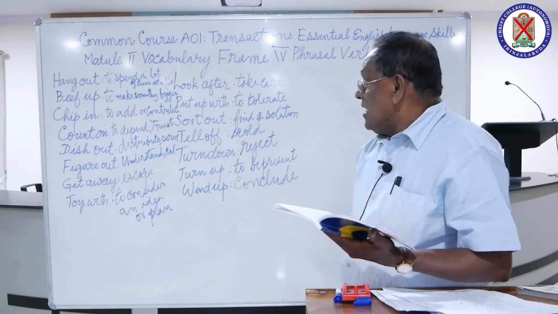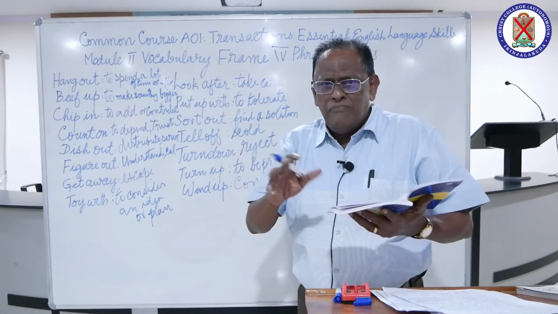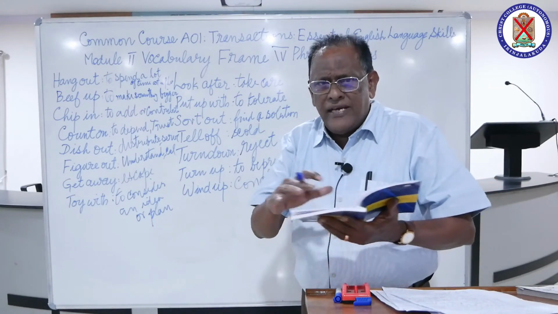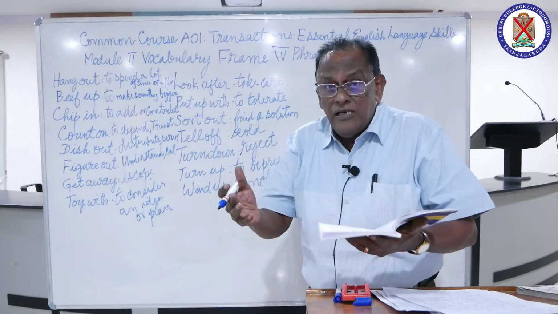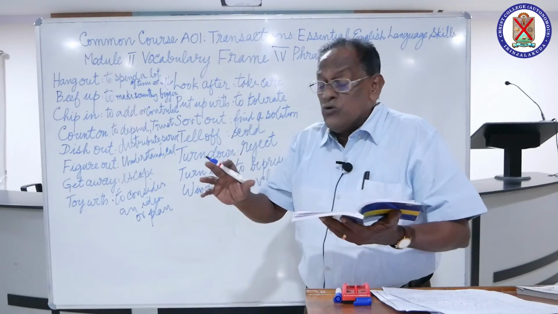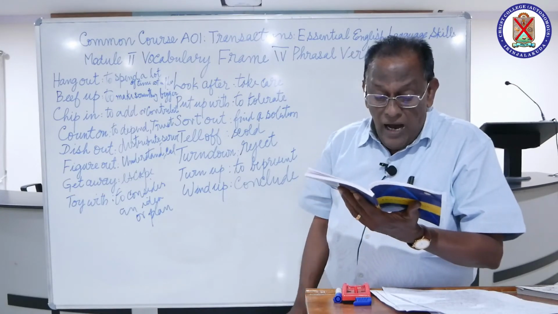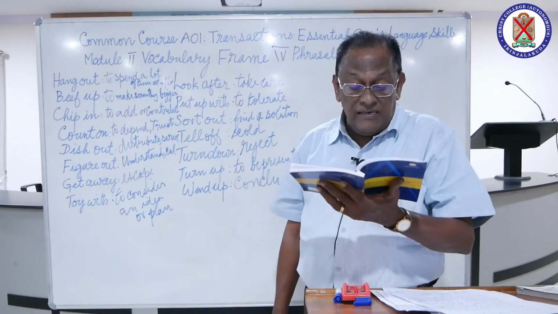Now, get away, escape from the busy business world or busy academic atmosphere. You want a change, you want an escape, so you are escaping to spend a few days. Next one is, we can't dash this warm weather lasting.